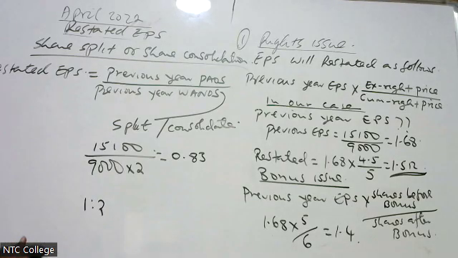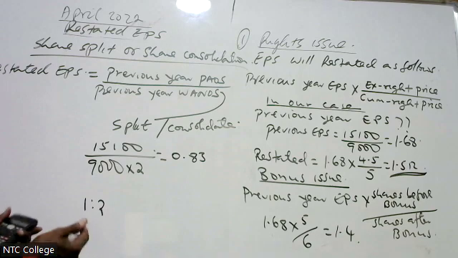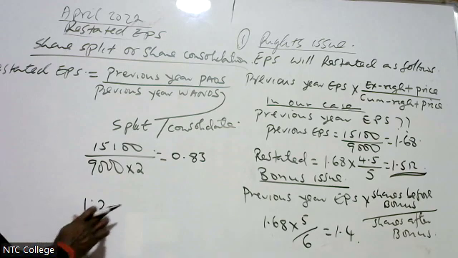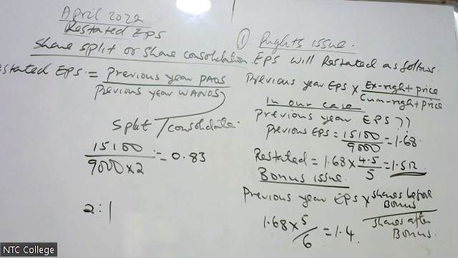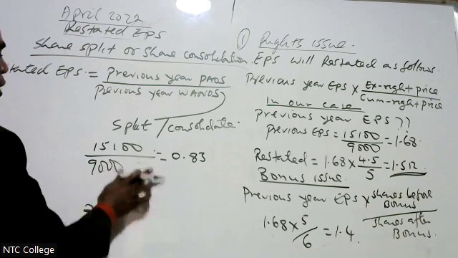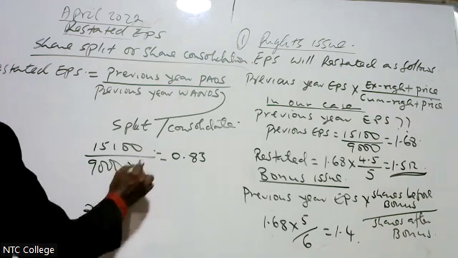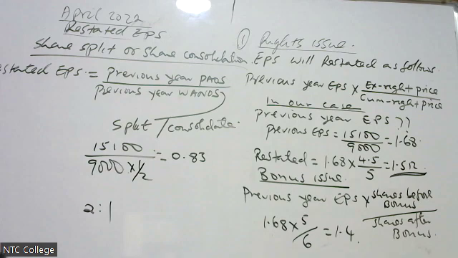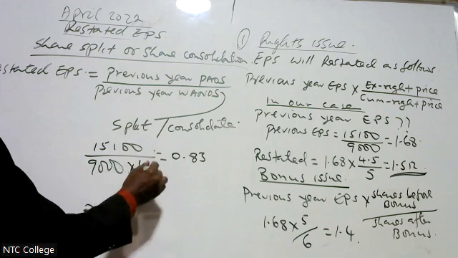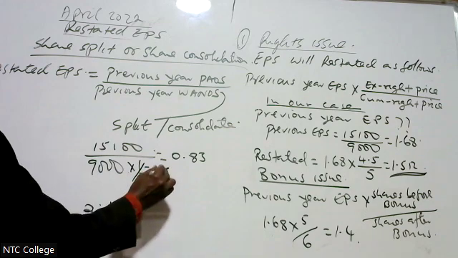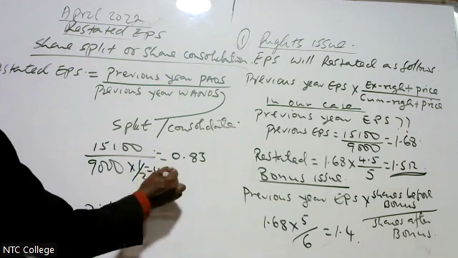And if it was a share consolidation, I'm reducing the number of shares. Reducing means for every 2 shares, you get 1. It means I'm going to reduce this. I multiply like that, therefore I get 4,500 shares.